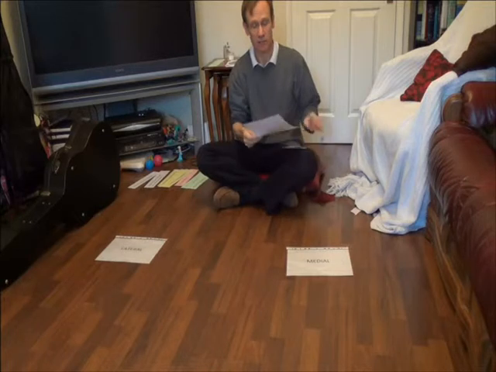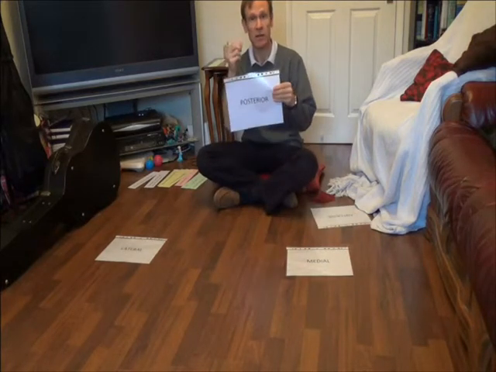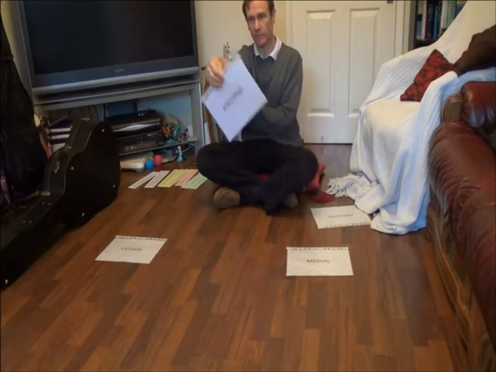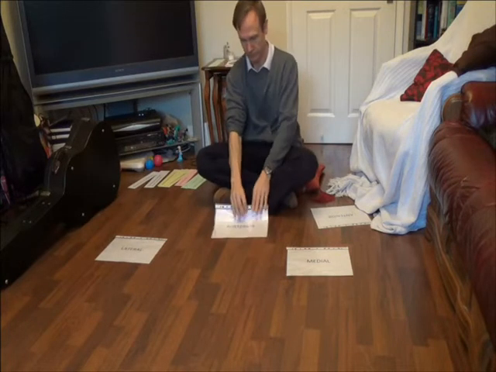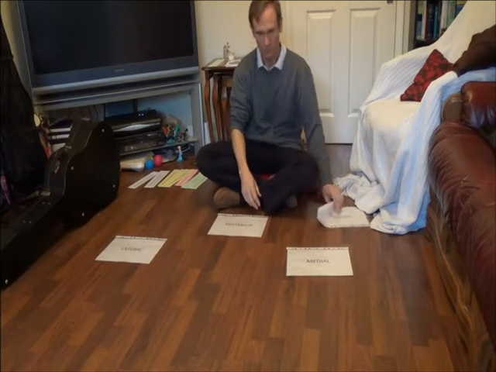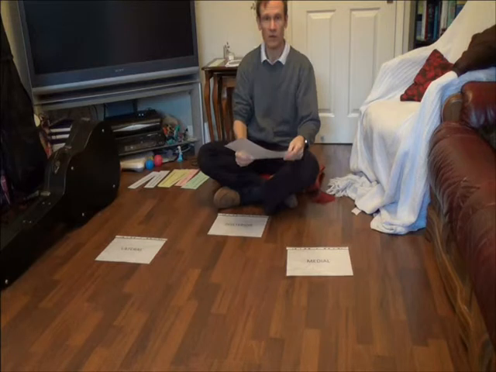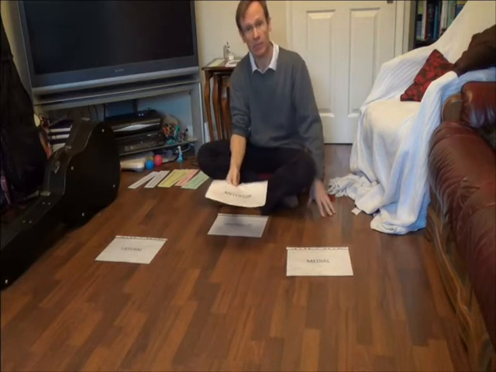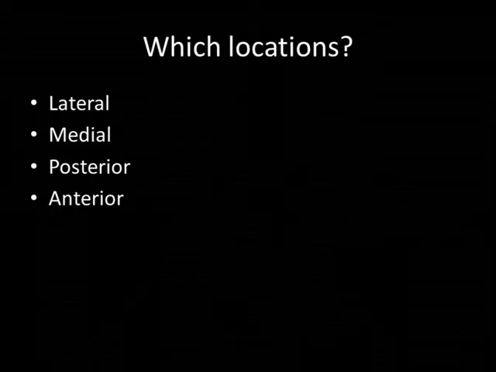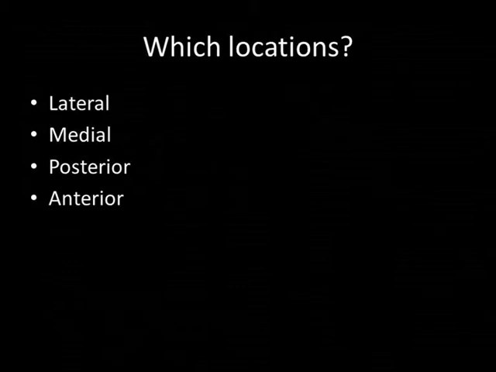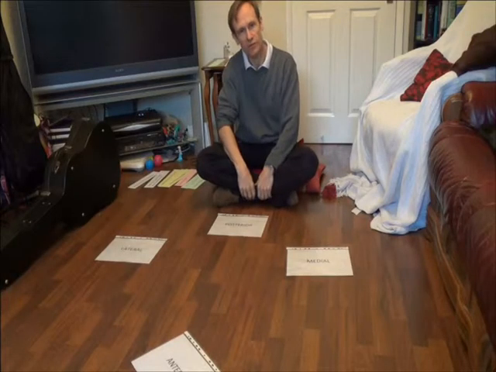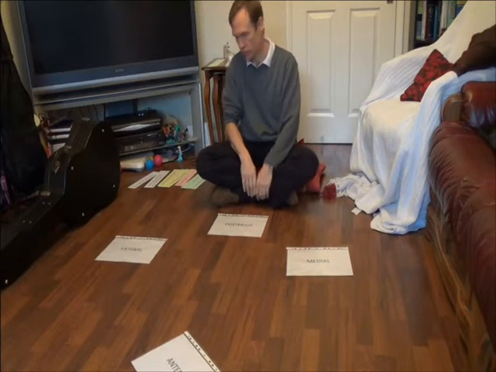And then again, occasionally, it's posterior. And if it's not any of those, it might be anterior. So what kind of diagnoses have we got in each of these regions?